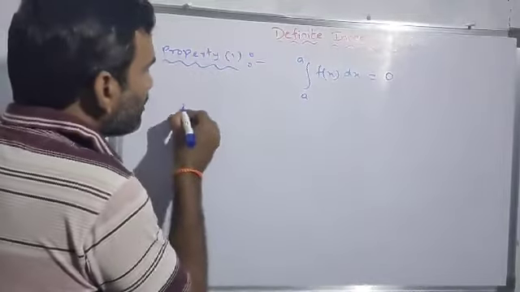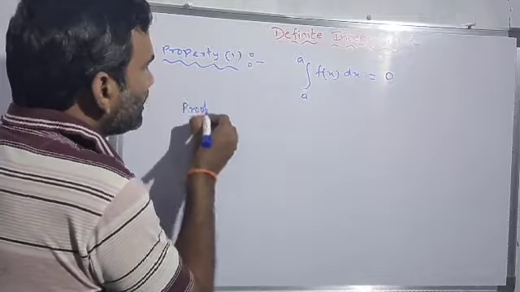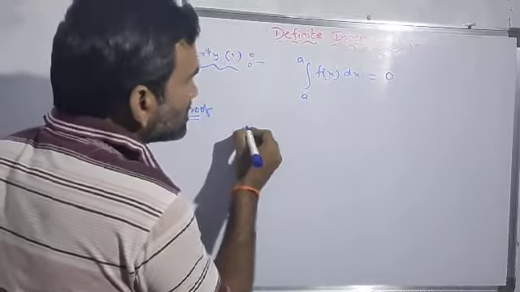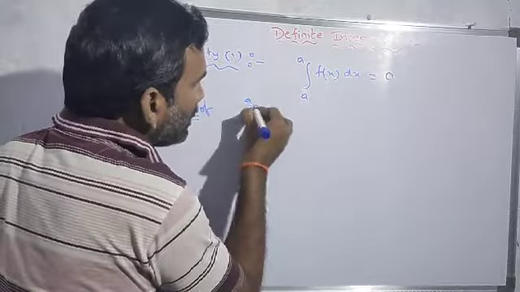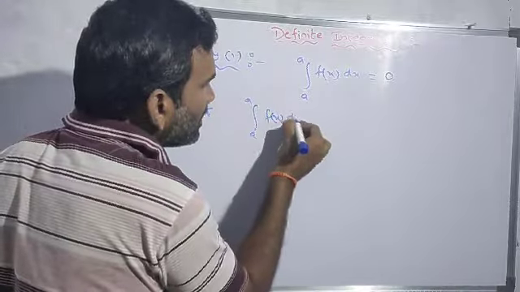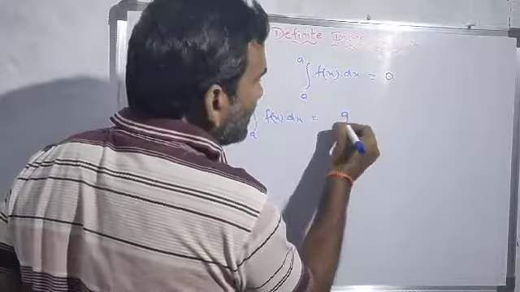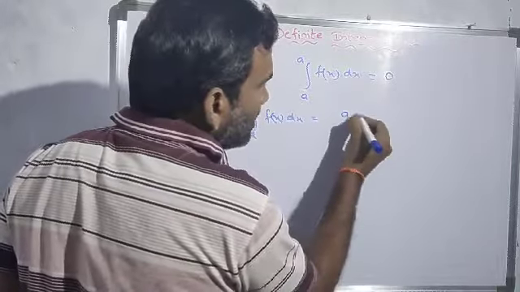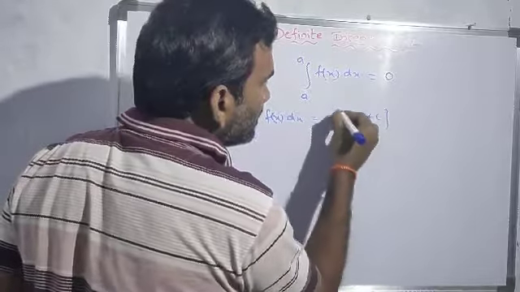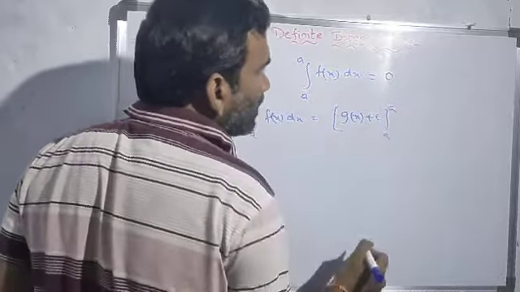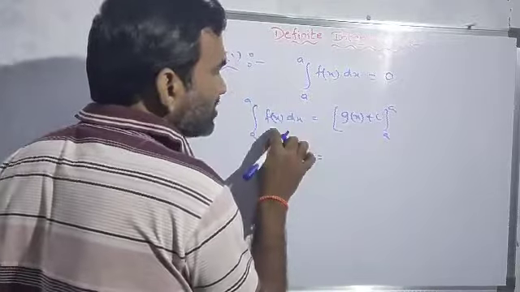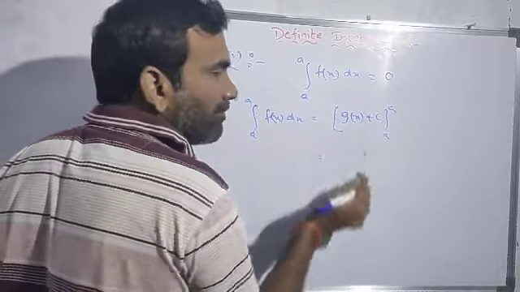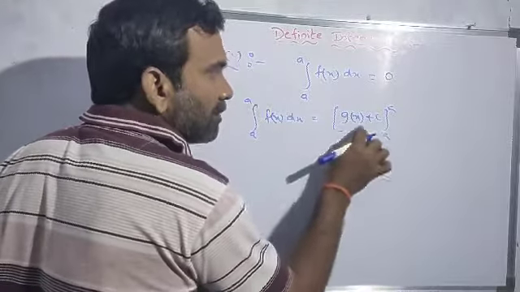Here I will also give the proof. Observe that integral from a to a of f of x dx equals, here I will take g of x plus c, from a to a. That means the integration of f of x dx I am taking as g of x plus c.